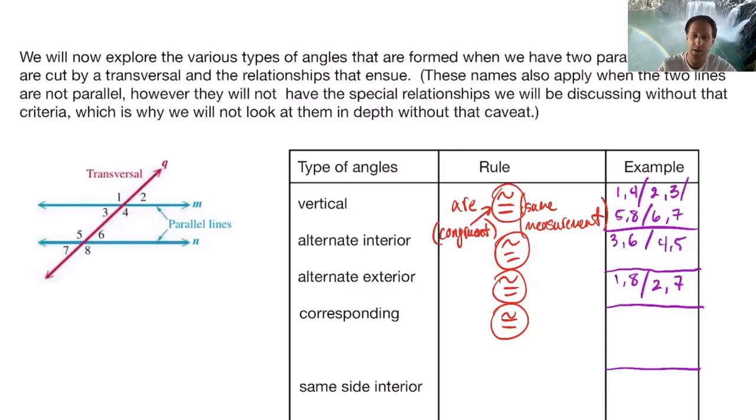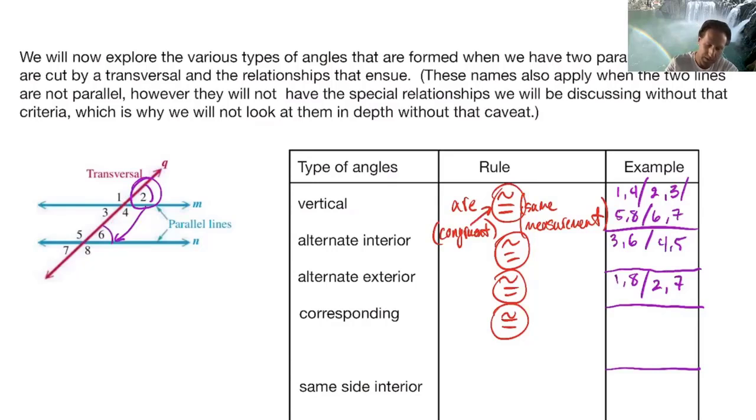So a corresponding angle is when you were to take an angle, for example, like angle 2, and if you were to actually physically take this angle and just slide it down to a different place, like angle 6.